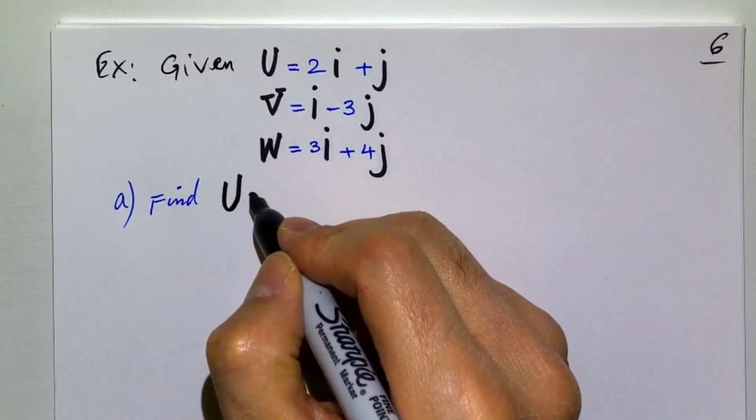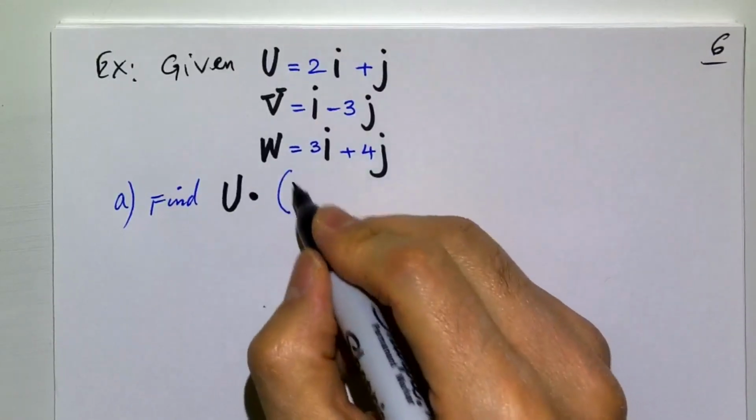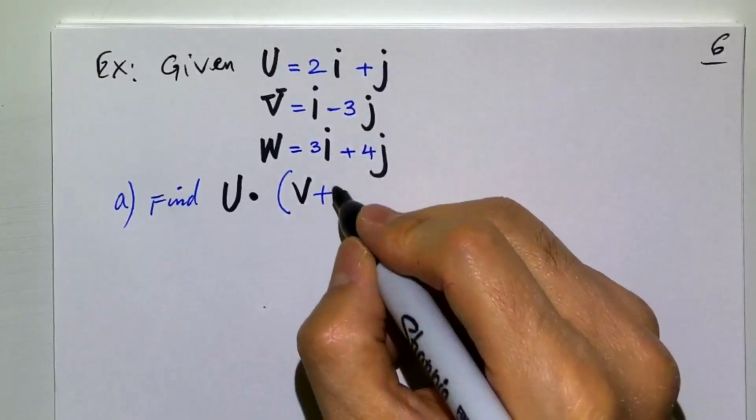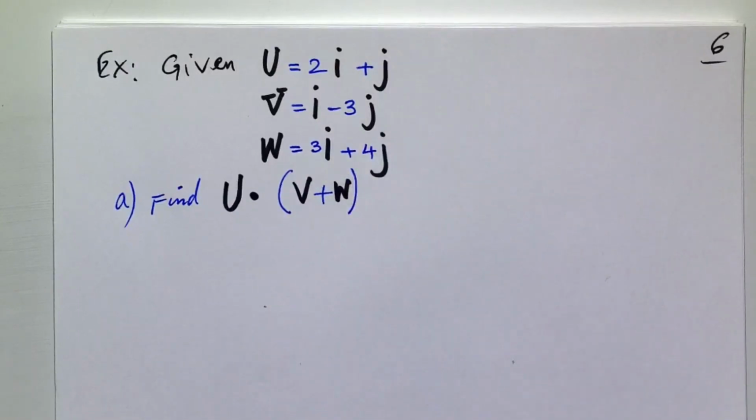Find u dot v, vector v plus vector w. Okay, we want to find that.